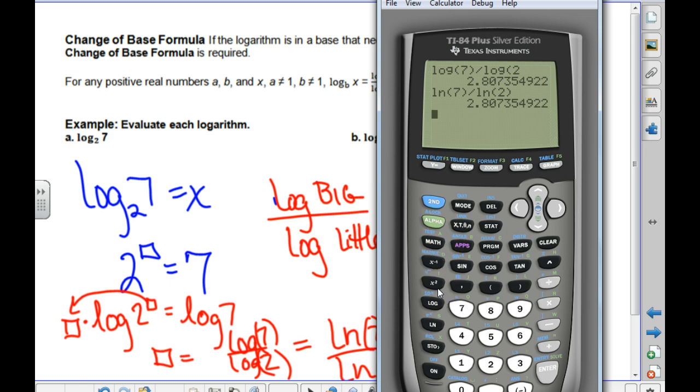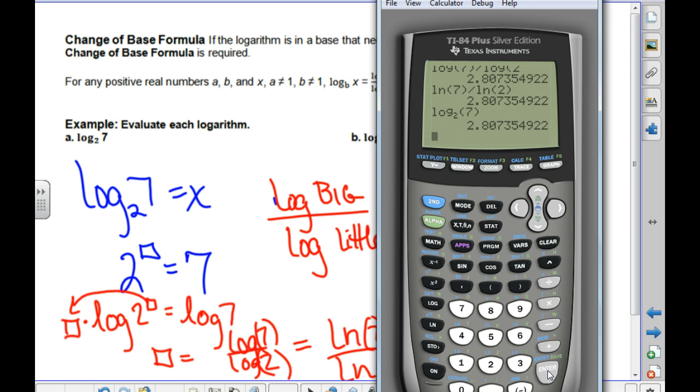Doesn't matter when I took the log of both sides there, it didn't matter what kind I used. That is called change of base because it originally was log base 2 of 7, and I've evaluated it to be 2.807. Now, if you have an 84, it is under math, arrow up a couple times, and it says log base, and then it lets you type in those sweet little boxes.